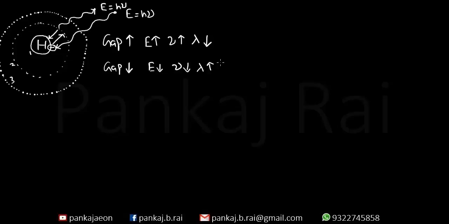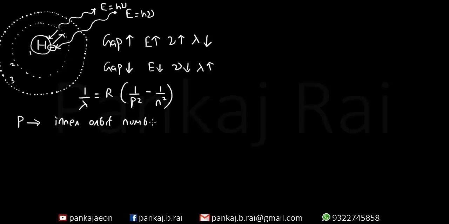Now we have a relation between the wavelength of the photon released and the orbit number between which the transition is happening, and it is given by 1 by lambda is equal to R times 1 by p square minus 1 by n square, where p is the inner orbit number to which the electron is coming back, and n is the higher or outer orbit number from which the electron is coming.